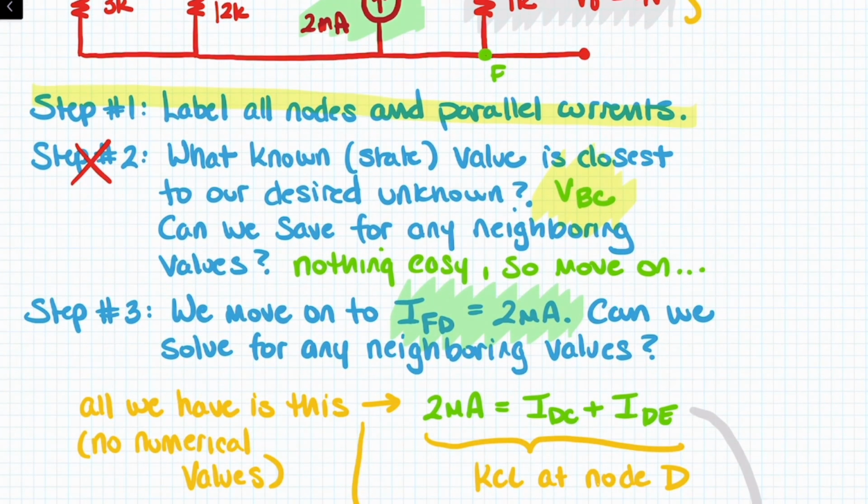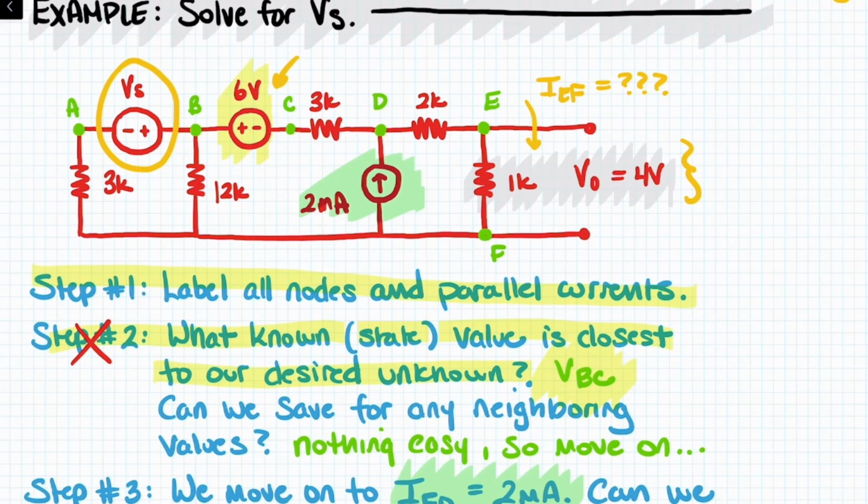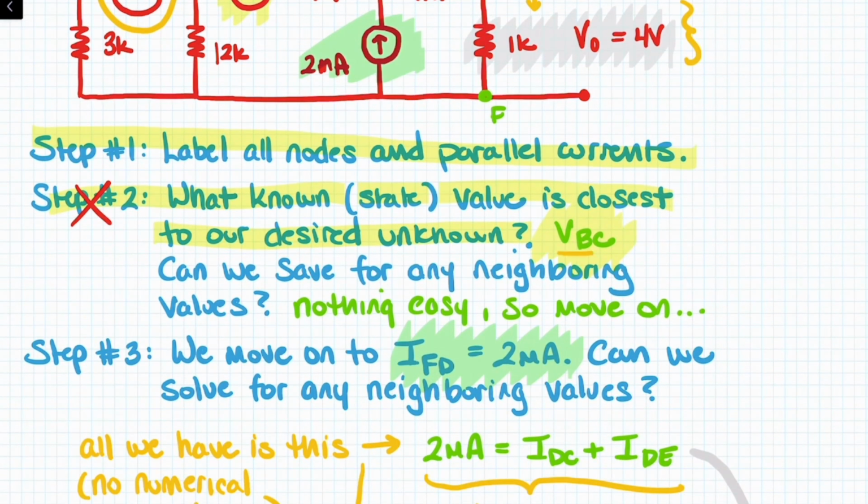Okay, step 2. What known state value is closest to our desired unknown? All right. So our desired unknown is VS, and the closest known value is the 6 volts, VBC.